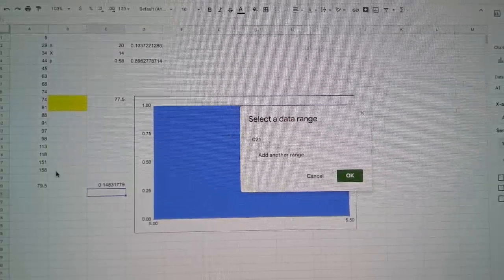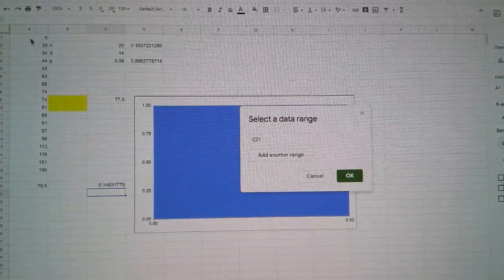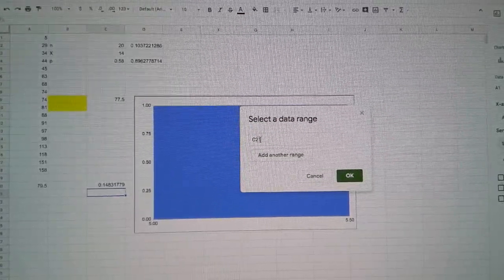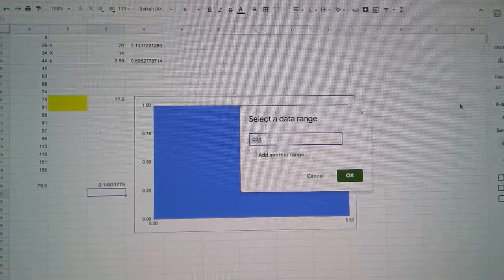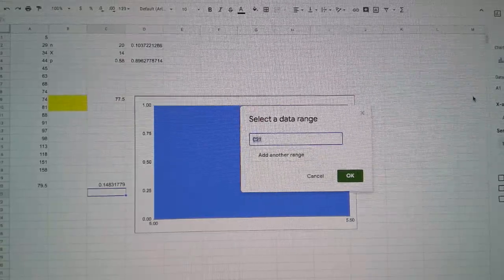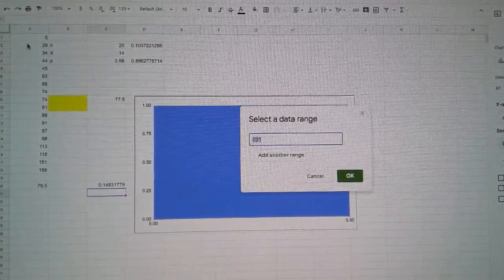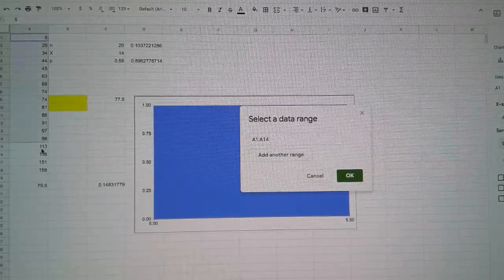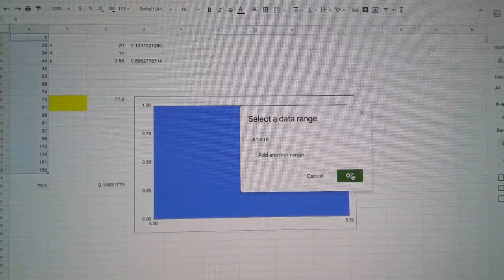All right, and so basically what it says to do is to determine if this data are normally distributed. So what I'm going to do first is use the nice features of Sheets, or any kind of spreadsheet program, and just go ahead and highlight all of that data.